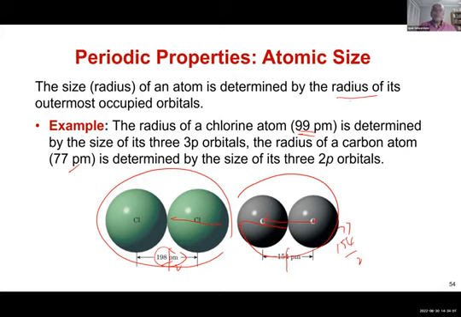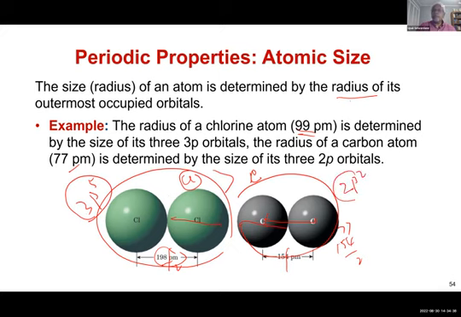Why does chlorine have a larger size? Chlorine is larger than carbon. In chlorine, if you look at the electronic configuration, the last electron added is 3s2 3p5. For carbon this is 2p2.